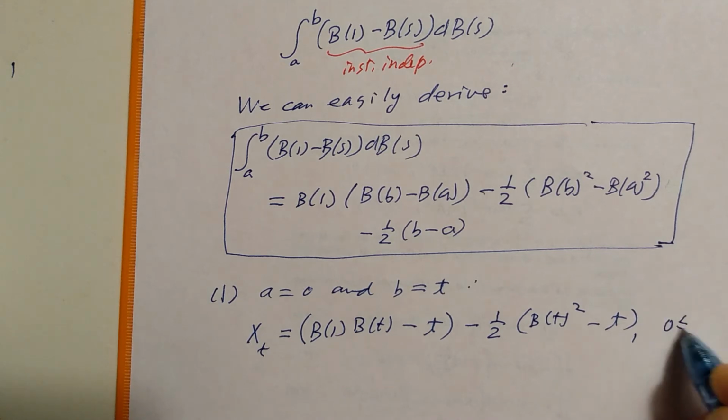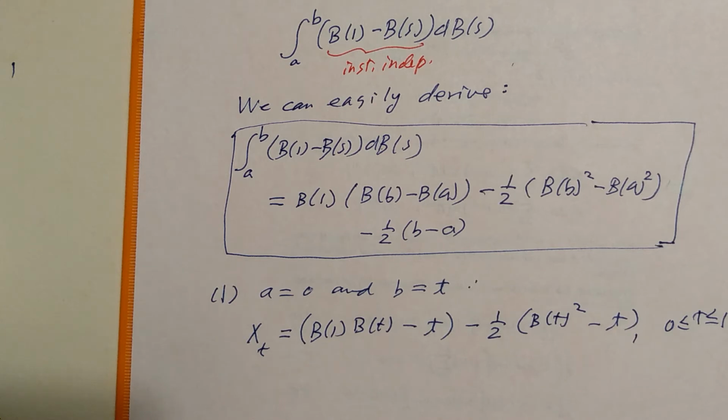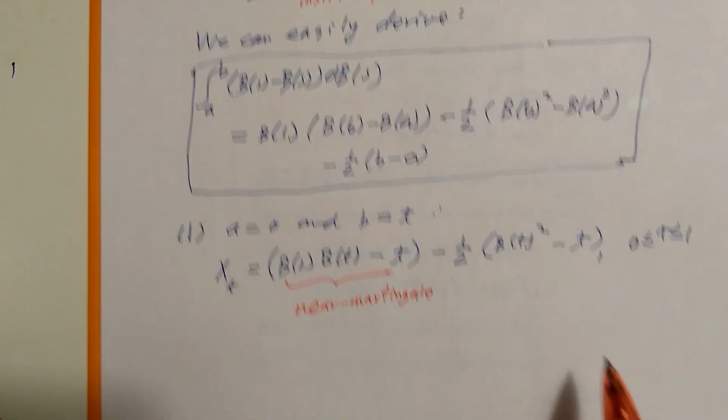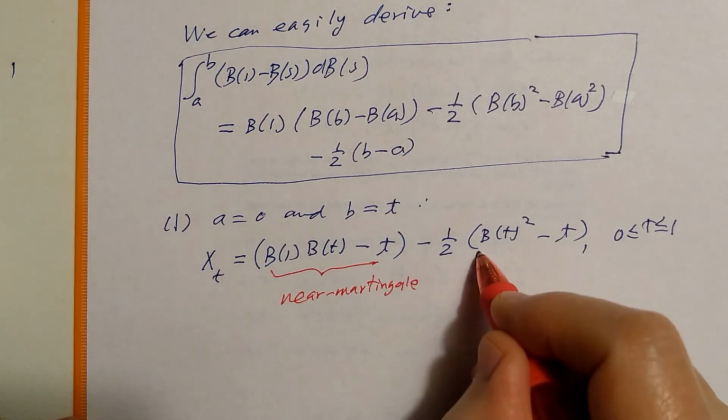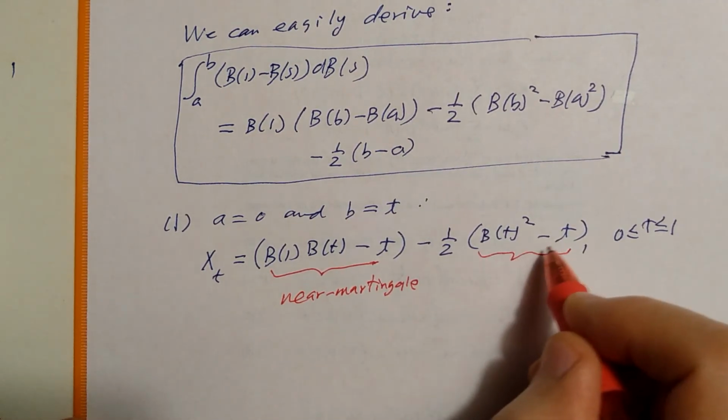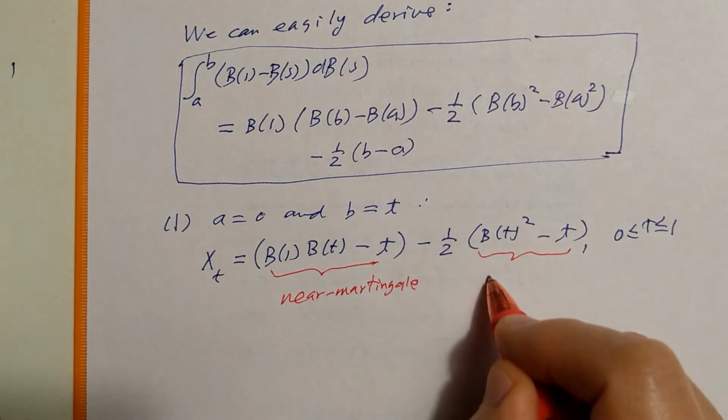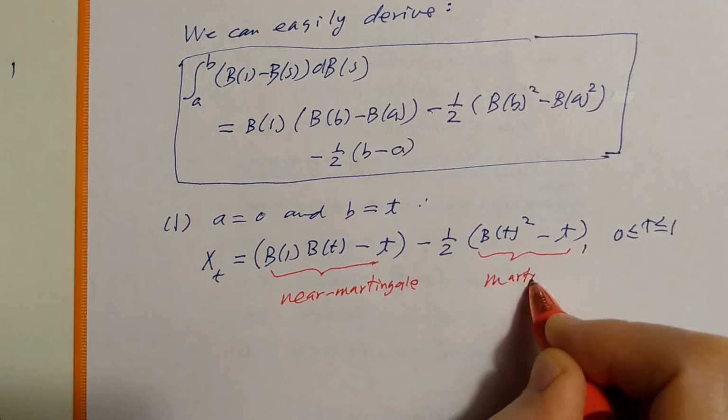This is for t between 0 and 1. And now you see here, B1 (Bt minus t) is a near martingale. And this part here, Bt squared minus t, within Ito theory, is a martingale.